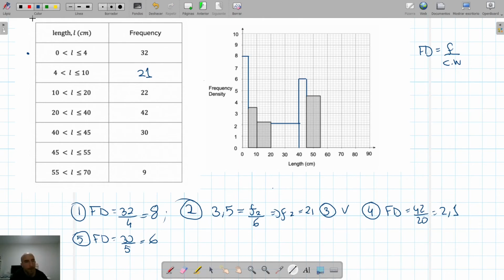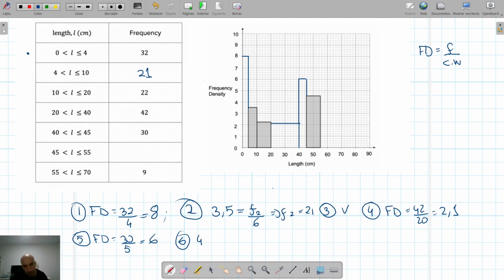Now our sixth interval, 45 to 55, they've represented here as 4.6.